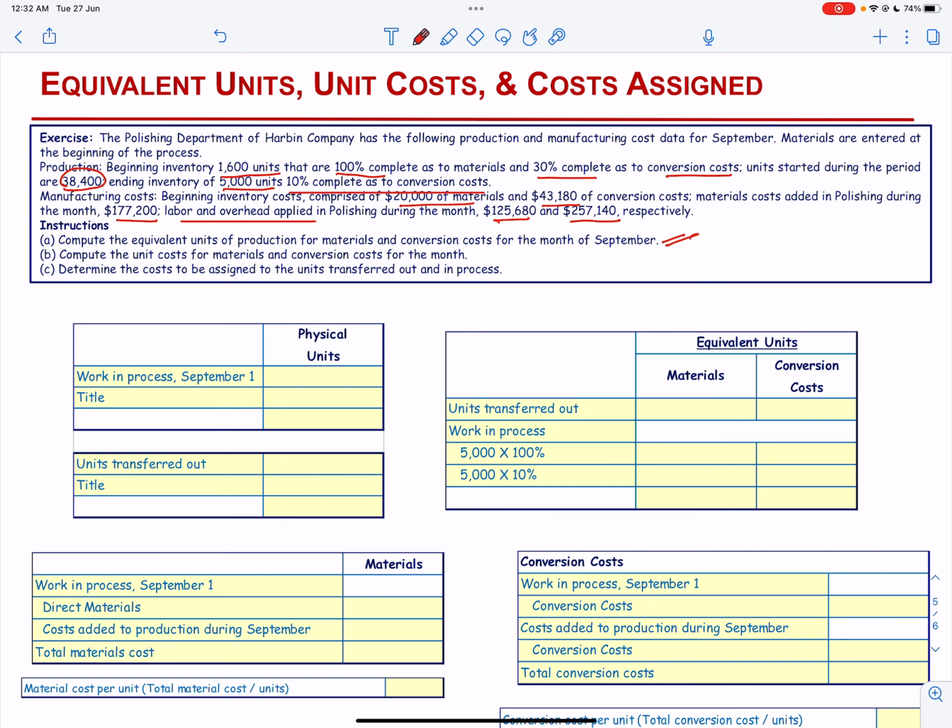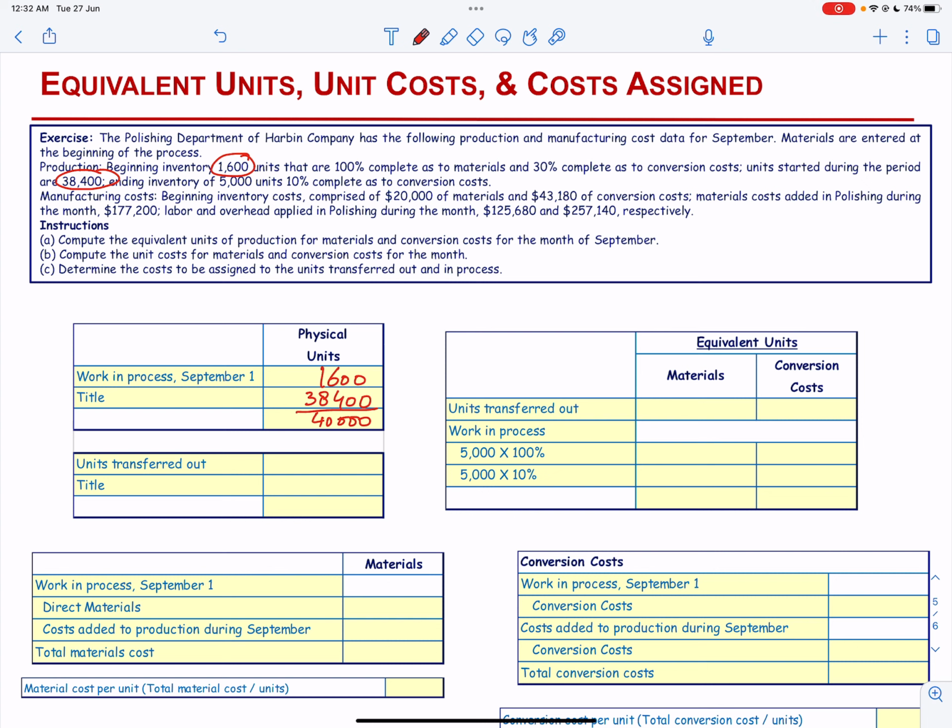Okay, so the work in process on September 1 is 1600, and 38,400 are the units started during the period. So the total will be 40,000.